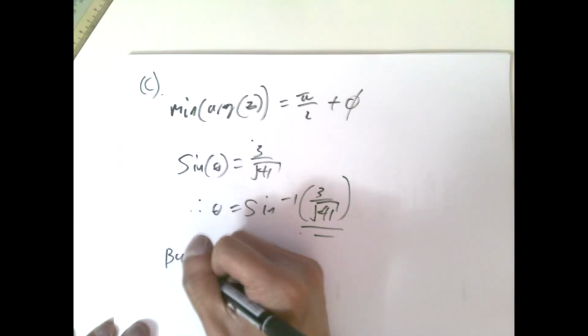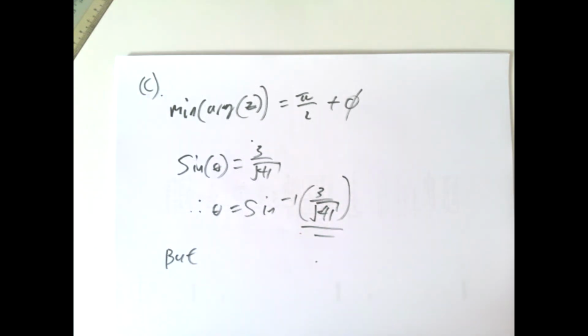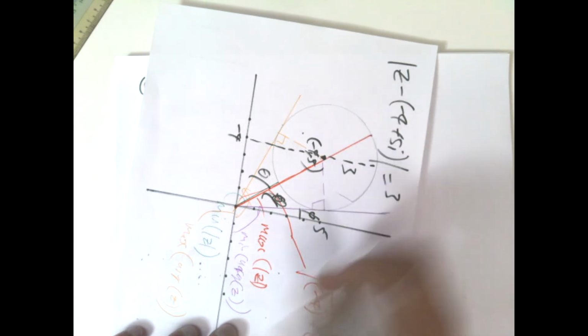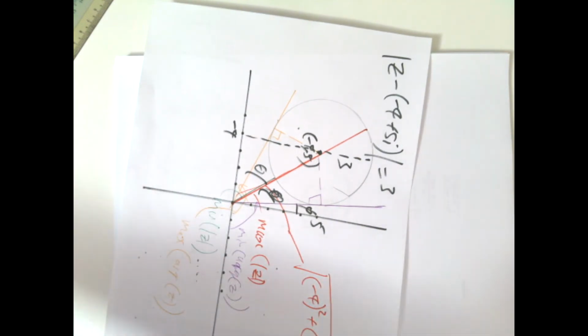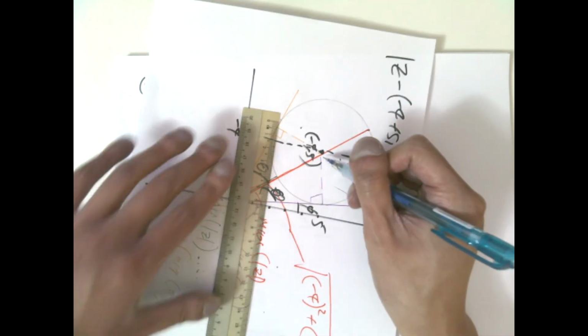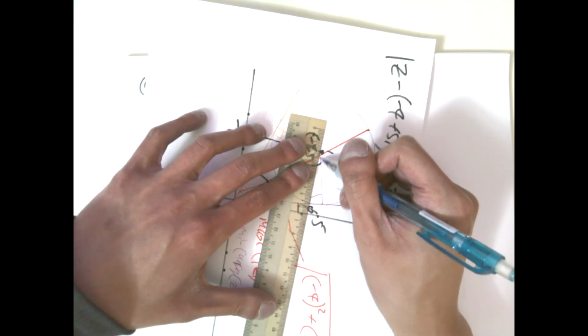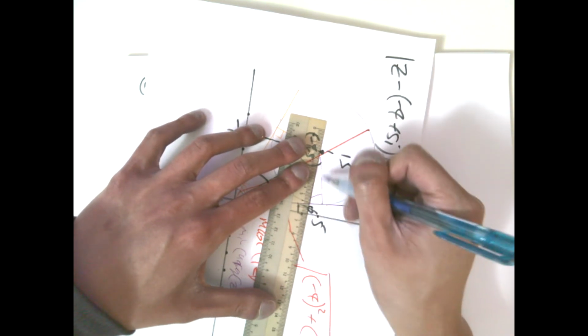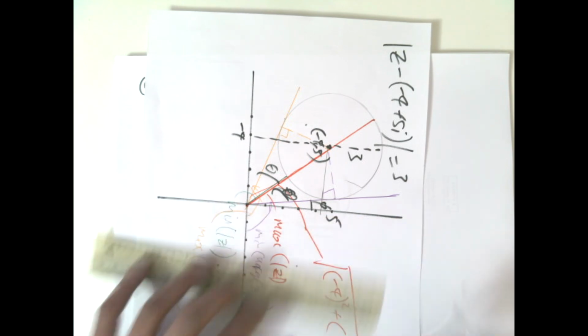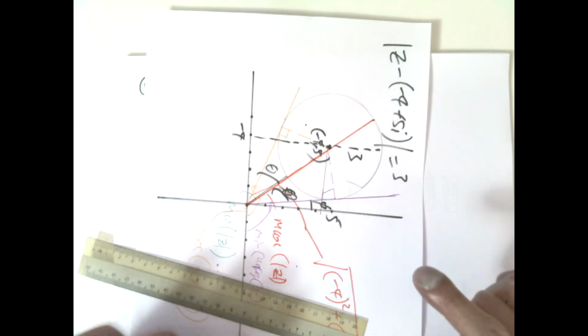But we also know based on the diagram that the tangent of phi is going to be this entire line drawn in pencil over this entire base.